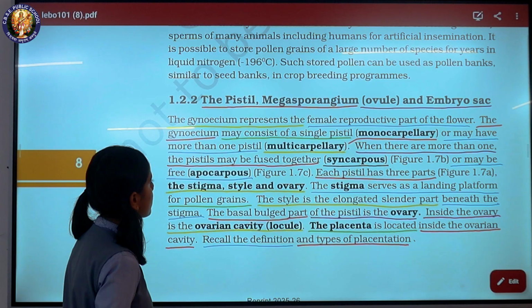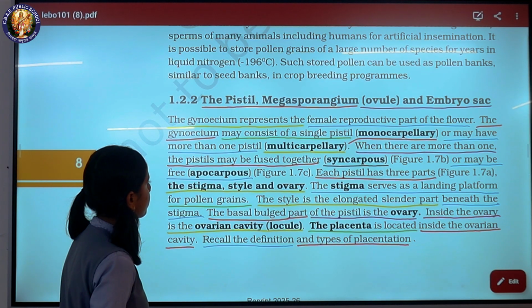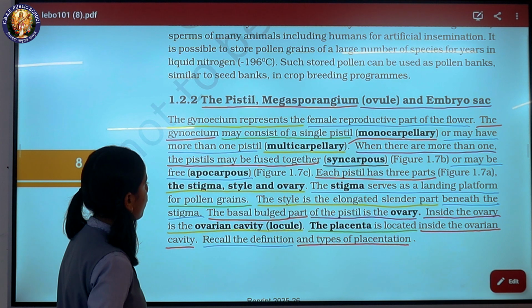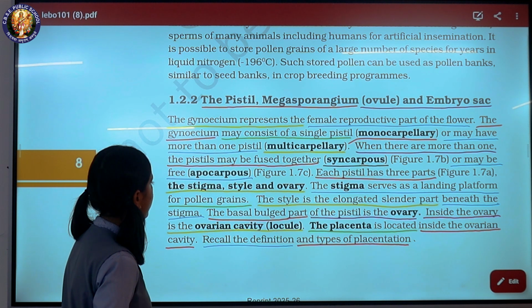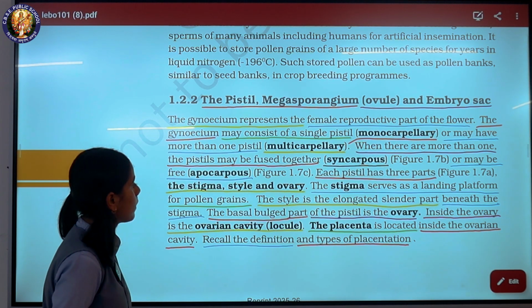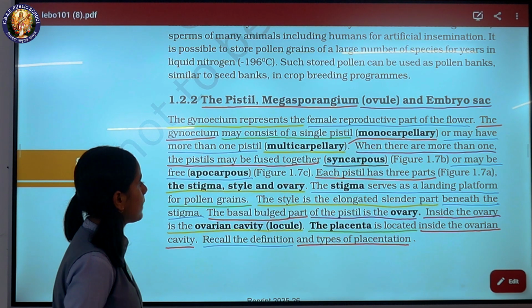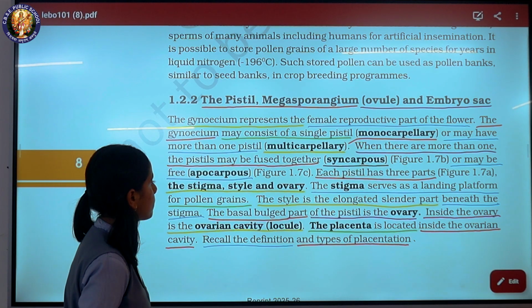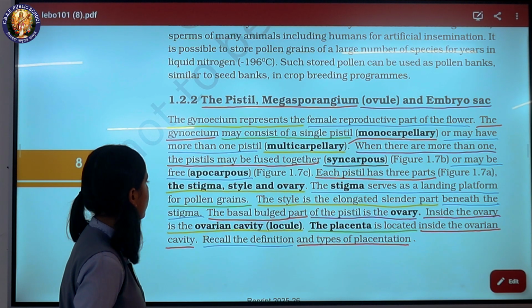Each pistil has three parts: the stigma, style, and ovary. The stigma serves as a landing platform for pollen grains. The style is the elongated slender part beneath the stigma.